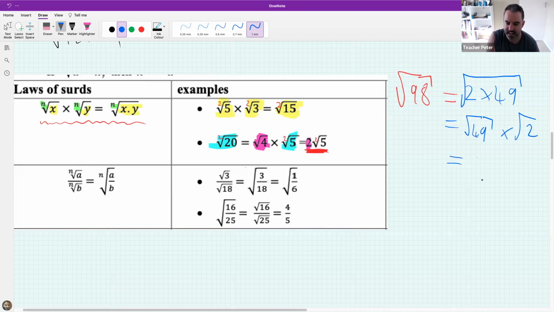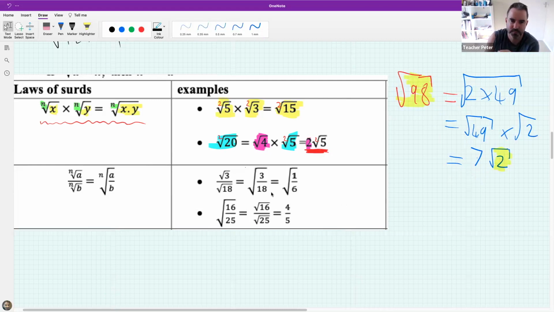Now, what's that going to end up giving me? Well, the square root of 49 is going to be 7. And then this is just going to stay square root 2 because it is a surd. So the square root of 98 is the same as 7 square root 2.